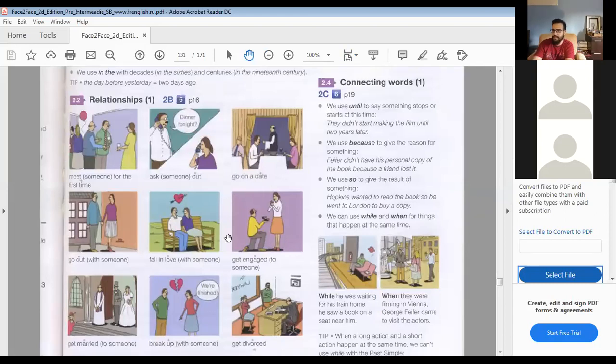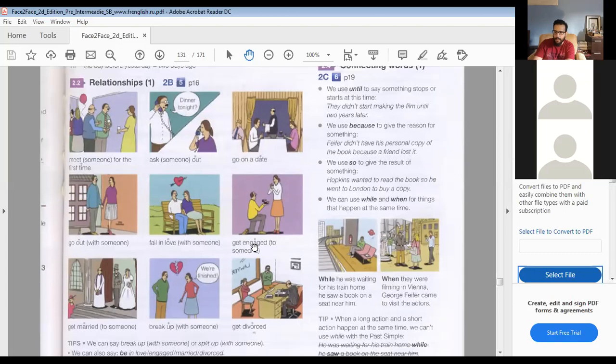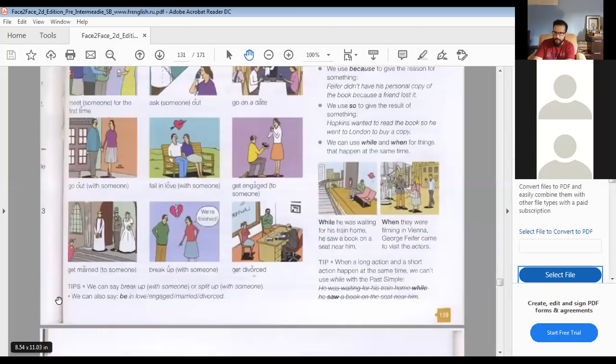This is engagement. He's asking, he wants to be engaged to her, right? Can you see the little picture? Maybe our engagement is a bit different in Libya, but yeah. Okay, so there's a nice tip. I think this is the only new thing. It says we can say break up with someone or split up with someone. So both of them have the same meaning. So you can break up or you can split up.